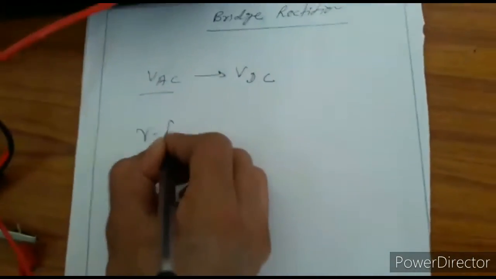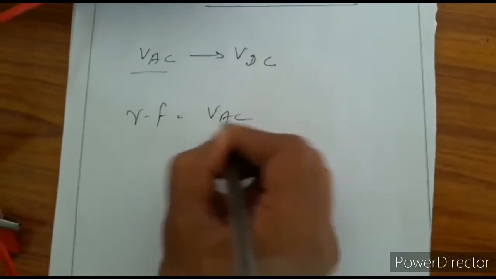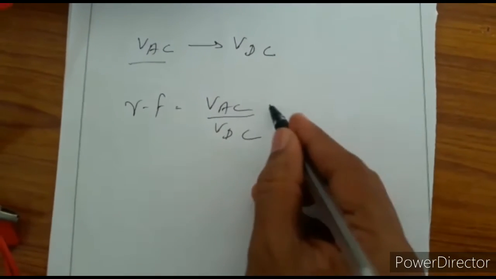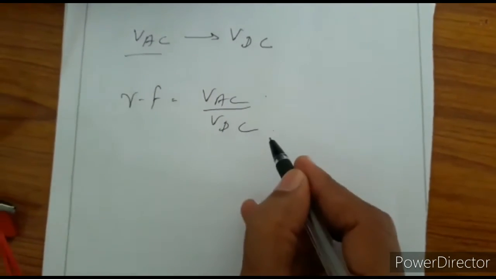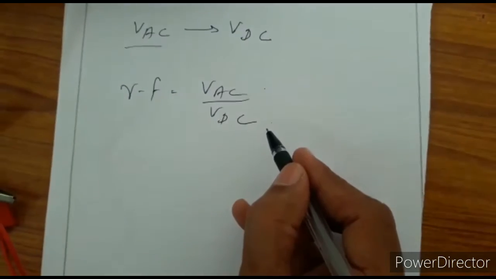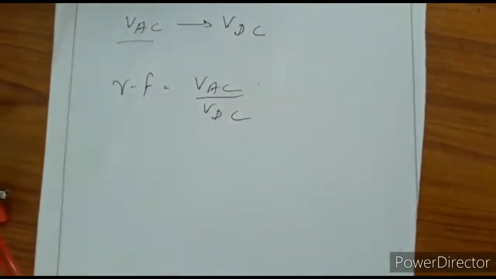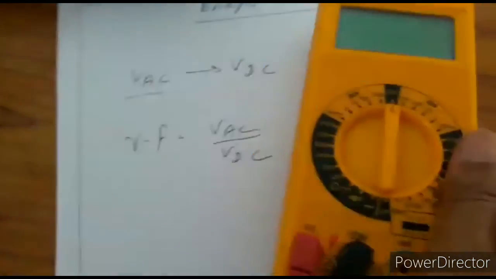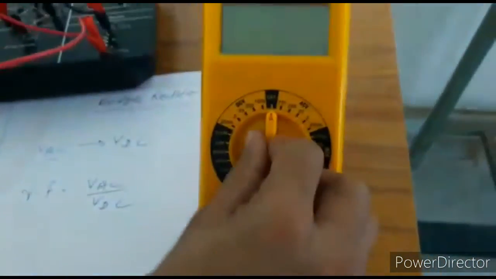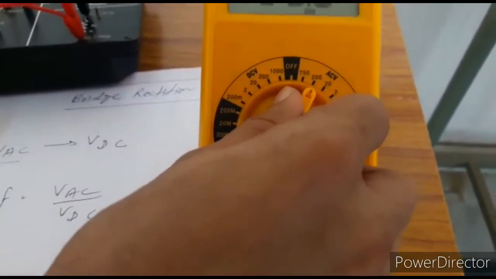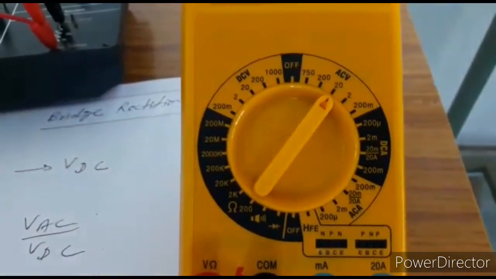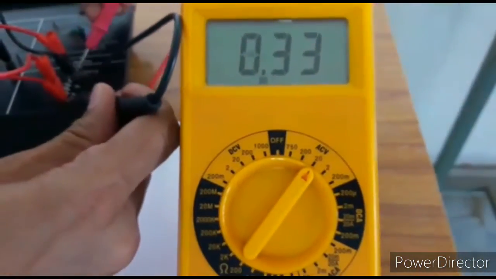The ripple factor is VAC upon VDC. VAC and VDC both we can measure through the CRO, and we can also measure them through a multimeter. If we want to measure by multimeter, what do we have to do? First we have to keep its knob in the AC range, and we will measure the AC voltage across this resistor.